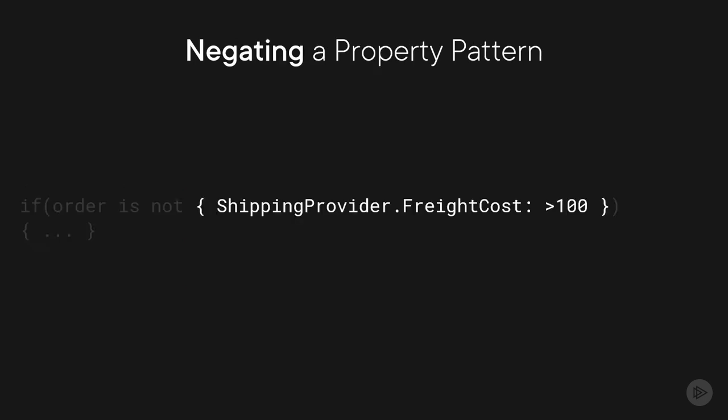If you have a property pattern that first checks if you have an instance, then goes ahead and checks if the shipping provider's freight cost is more than 100, if you negate this using the not pattern, this has a bigger impact than you might imagine. It will in fact enter this expression if the order is null.